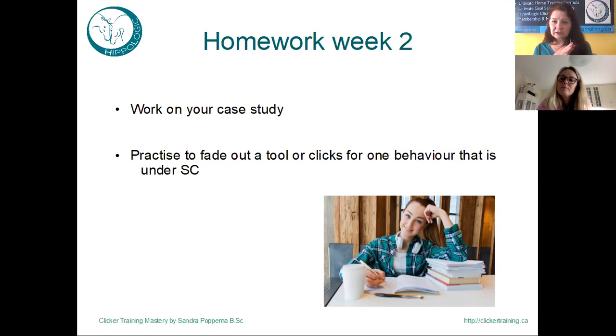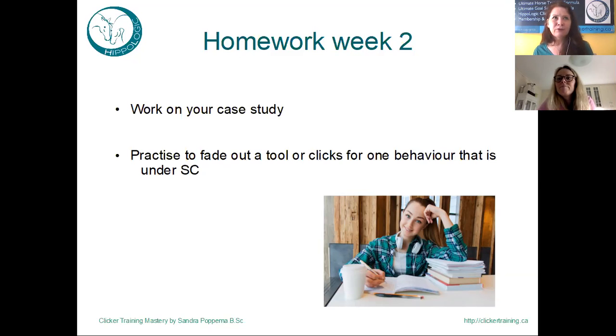Do not do this for your case study behavior, but pick another behavior where my tools became such a habit, and then practice that. Or do I always click for the same behavior?